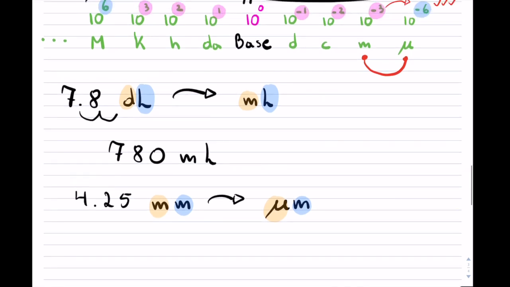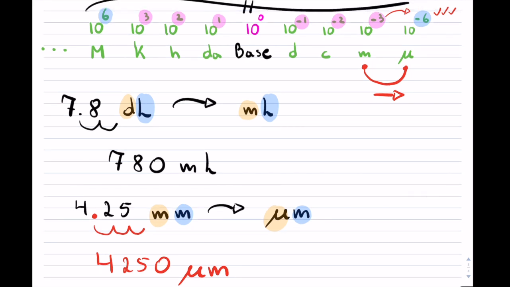So in that case, you would actually have to move this decimal. Now you're still going to the right, but you would jump 3 times. So this would be 4,250 micrometers. So just be careful with that when you're jumping along those further out prefixes.